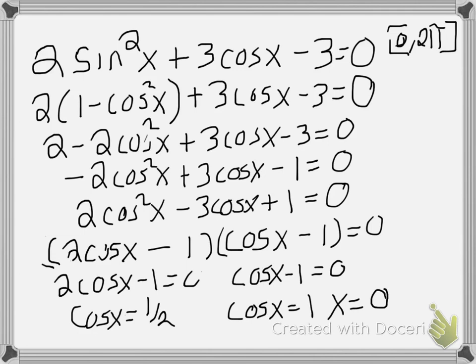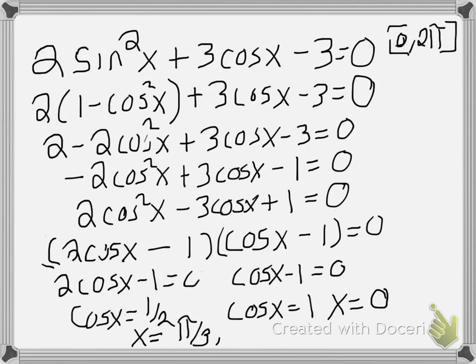Okay, where does the cosine equal positive 1/2? Well, that's a 60-degree angle. Okay, so I know it's in quadrant 1. So I know that I have for this one, x equals pi over 3. Where else is the cosine positive? Oh, well, that's in quadrant 4. So what represents that 60-degree angle in quadrant 4?